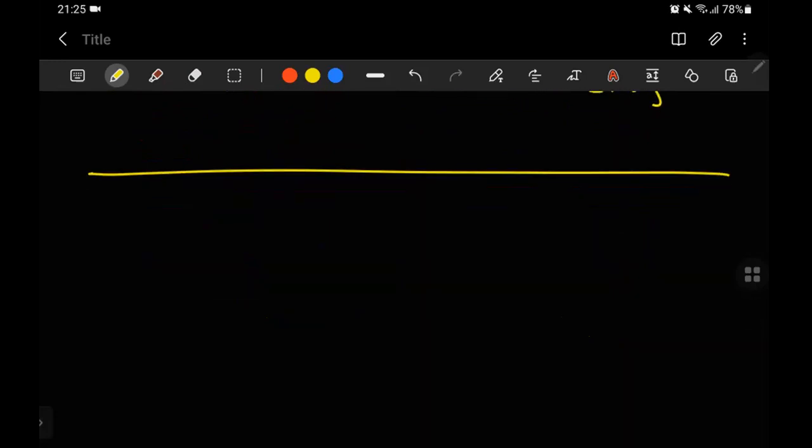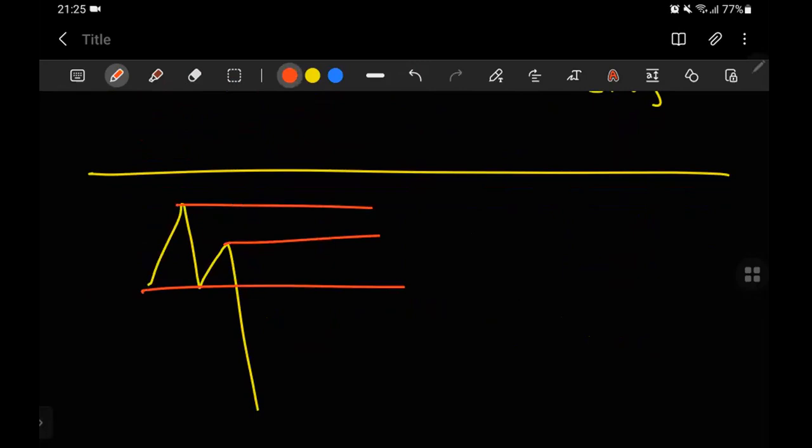So for the real market application, we will look something like this. So the trend line will also be a miss.